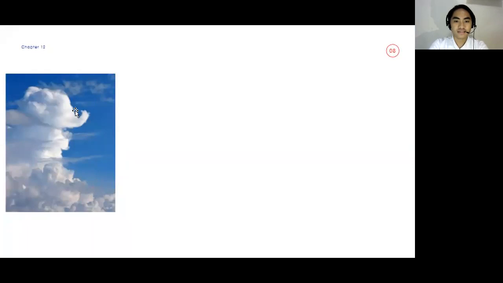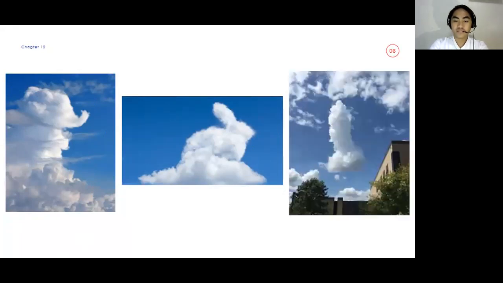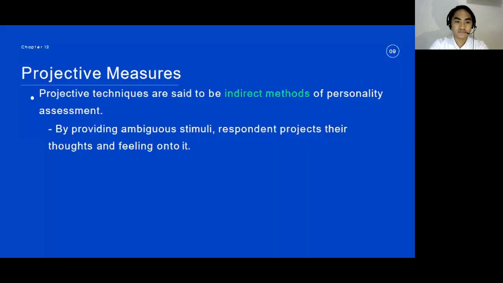There's his head, an ear, and that is his long trunk. Let's try another one. Anyone see a pattern in that? It's probably a rabbit. There's his ears, his head, and its body. But really, these are all just clouds, which don't have any inherent meaning. The only meaning that they have is something that you project onto them. See? Just clouds. It doesn't necessarily mean that you have a dirty mind.